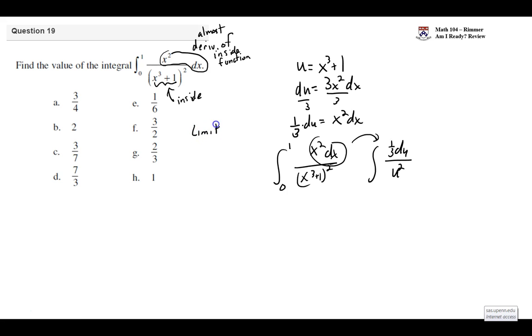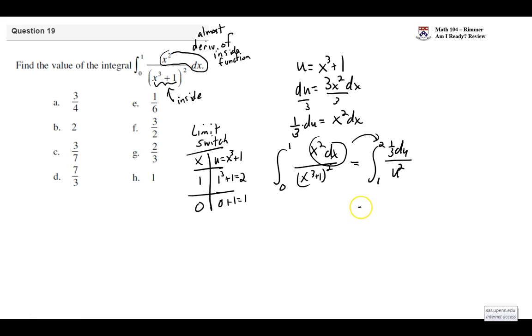It's called a limit switch. Take the x numbers, 1 and 0, plug them into the formula to get the u numbers. So 1 cubed plus 1 would be a 2, and 0 plus 1 would be a 1. So our new limits on u would be 1 and 2.